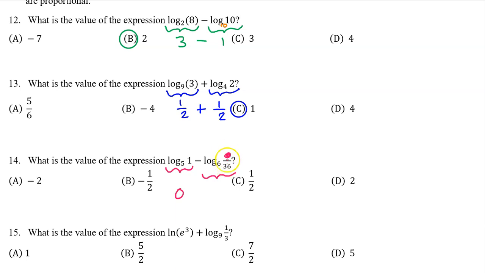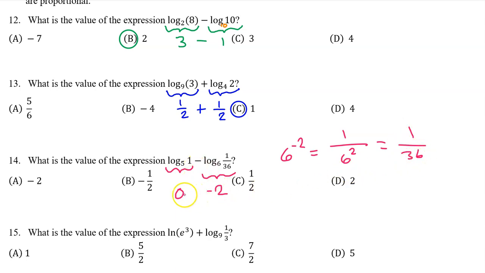What will make it 1 over 36 though? If we make that exponent a negative 2, that will cause it to be 1 over 36. Let me follow through on that. 6 to the negative 2 power is the same thing as 1 over 6 squared. A negative exponent drops you down to the denominator, and this does give you 1 over 36.